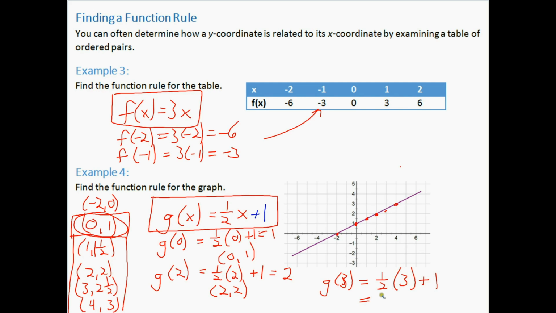So this is 3/2. You can put this over 1 and think that's 3/2, and 3/2 is 1.5. Plus 1 is in fact 2.5, which gives us the point 3, 2.5, and that is what we wanted. So this is the correct function for us: g of x equals 1/2 x plus 1.